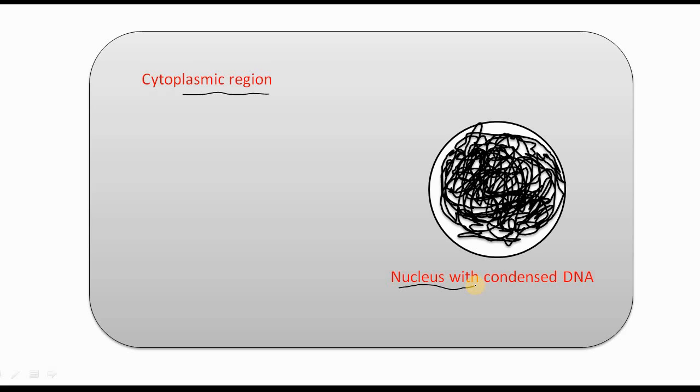DNA contains all the instructions required by the cell for its function. So, inside the cell there are two distinct regions. One is the cytoplasmic region, another one is the nuclear region. The nuclear region contains the nucleus with densely packed DNA.